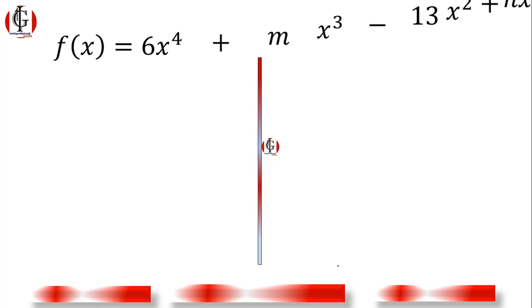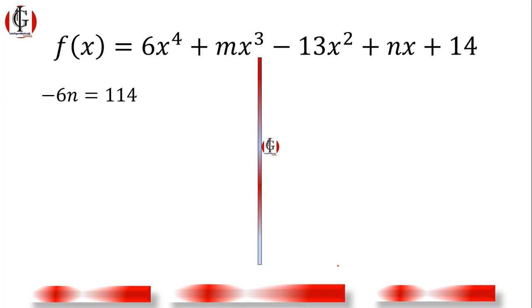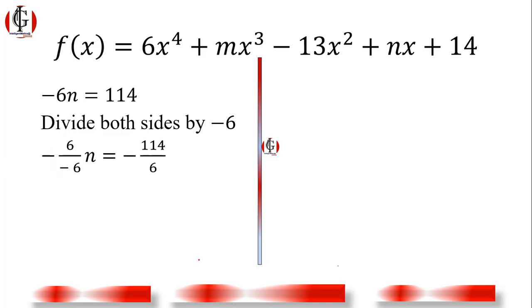Minus cancels minus, and 6 divided by 6 gives me 1n, so I'm left with n. So n equals 114 divided by minus 6, and that is going to give me minus 19. n is equal to minus 19.